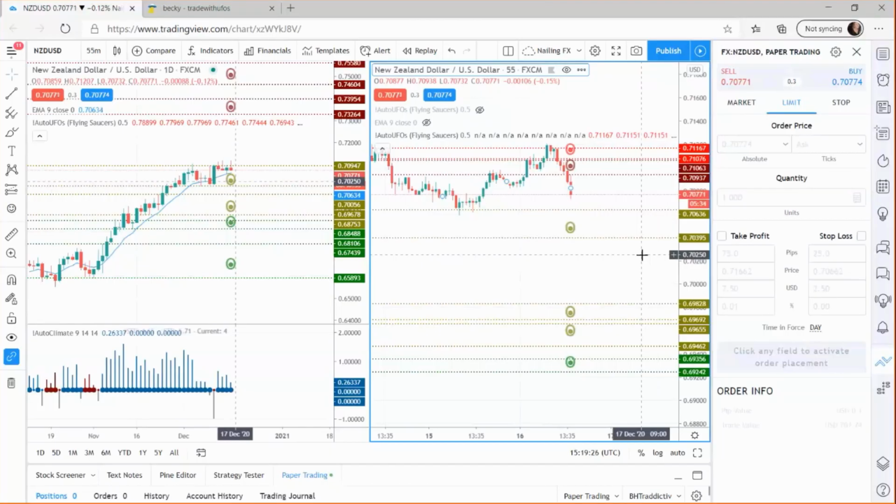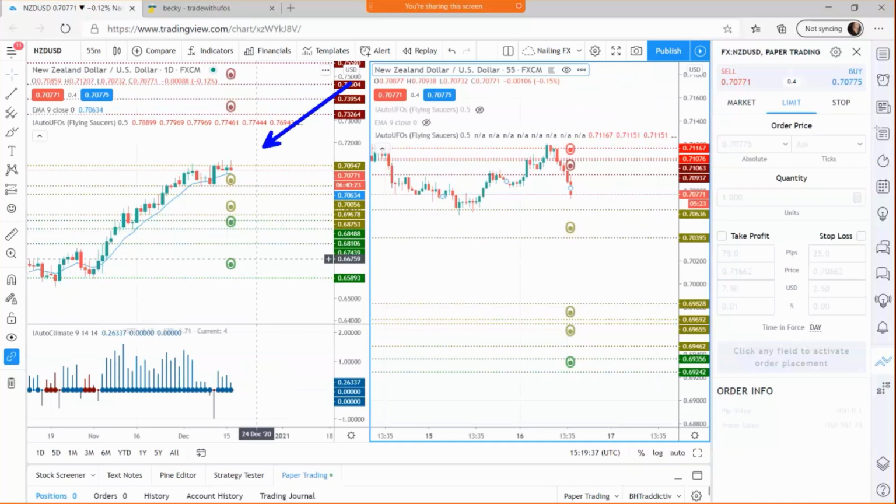So this element that I'm showing here isn't necessarily something you have to do, but obviously bear in mind it adds layers of probability. What we want to do with this is use our EMA from our bigger time frame. In this case, it's the daily. Our EMA is going to show us where we have probabilities of orders coming.